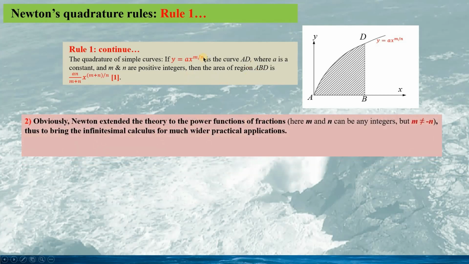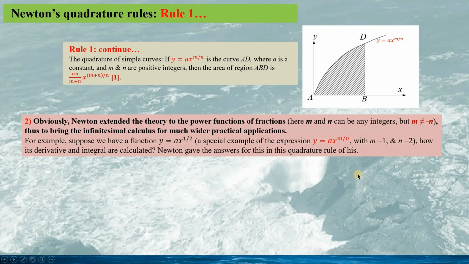If we look at the expression here, we can see obviously Newton has extended the theory to the power function of fractions. Here, m and n can be any integer, but m is not equal to minus n. For instance, suppose we have a function equaling ax square root.